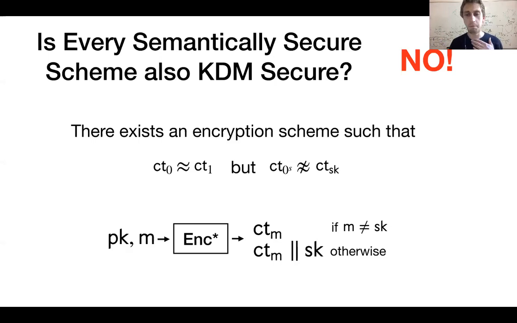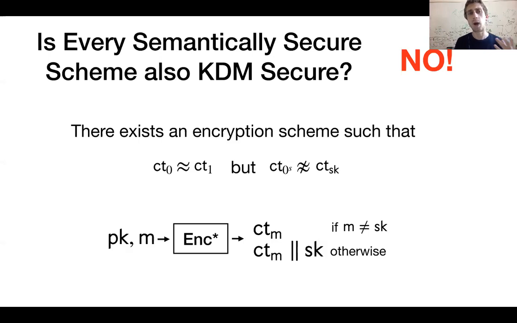Intuitively, this should be easily distinguished in the case that the message is the secret key, because even the output just looks different. Whereas semantic security should still hold, because any person who's trying to construct messages wouldn't be able to guess the secret key before it's been generated, based on the definition of semantic security.